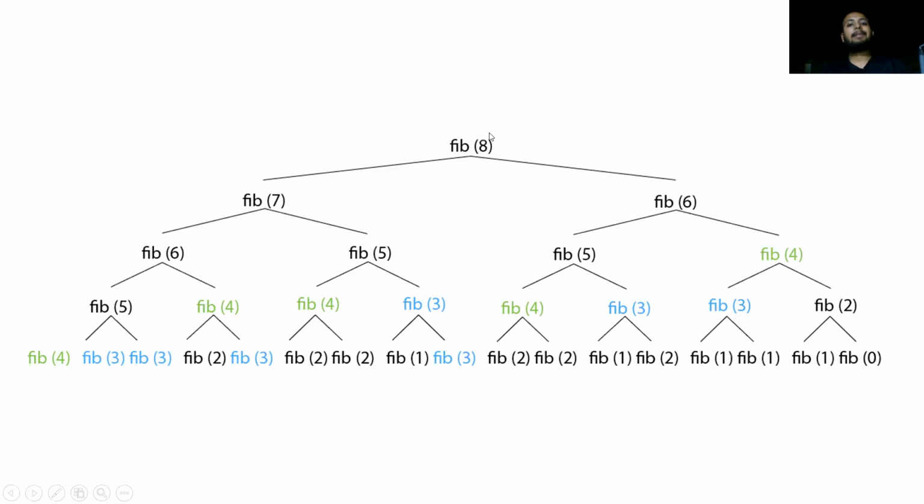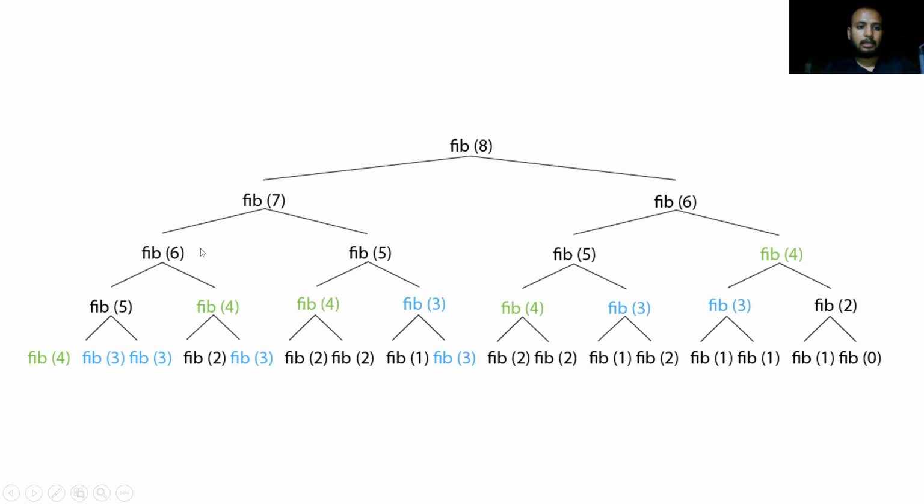We will call, let's say, f of 8. Now f of 8, since it is the summation of the previous two terms, will call f of 7 and f of 6. f of 7 itself will be solved in a different way. On one side this part will be solved, on the other side the other part.